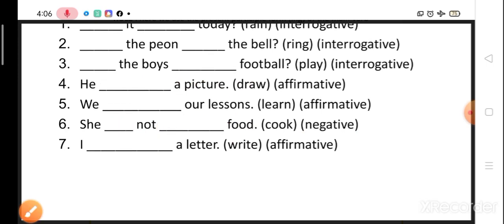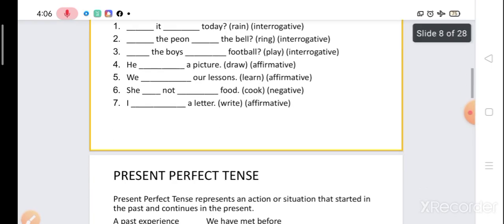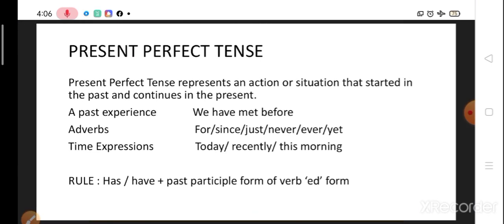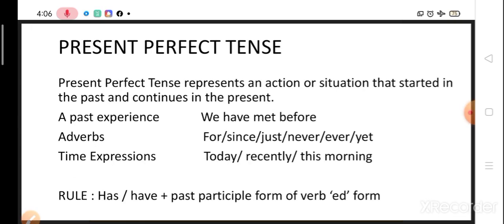Moving ahead to our next type of tense, that is the present perfect tense. A present perfect tense represents an action or situation that started in the past and continues in the present. So, some action which has started in the past but it is still continuing in the present. A past experience.